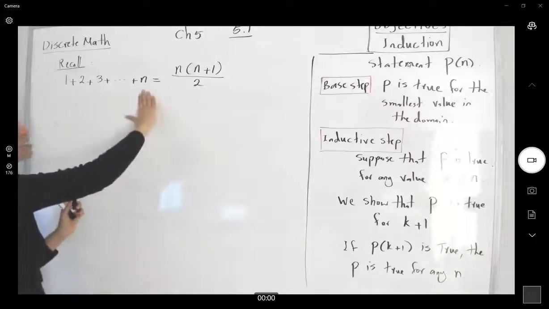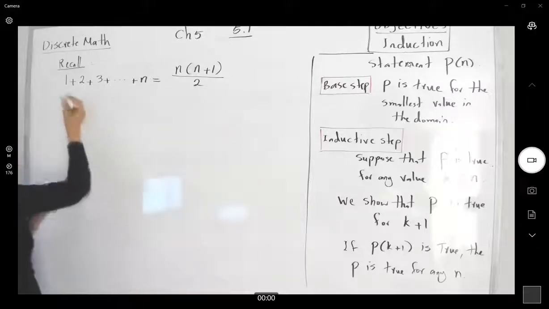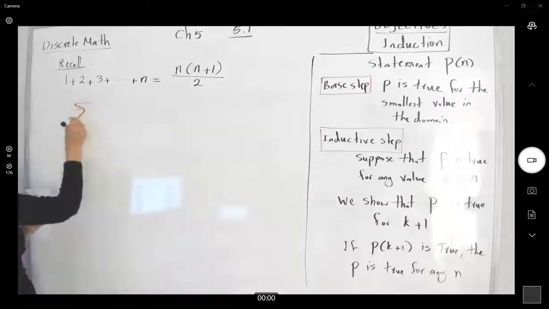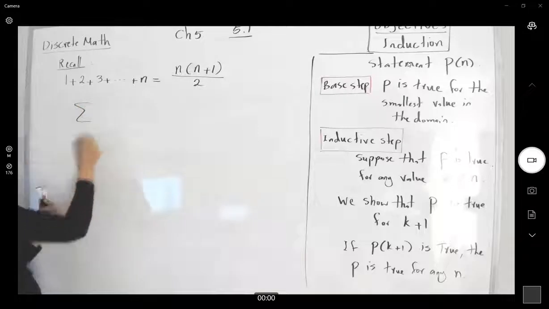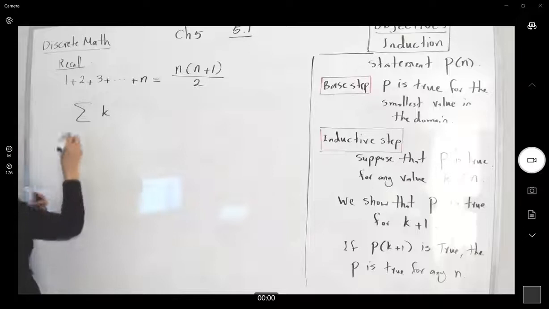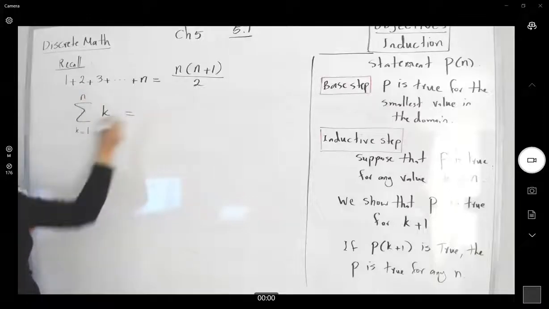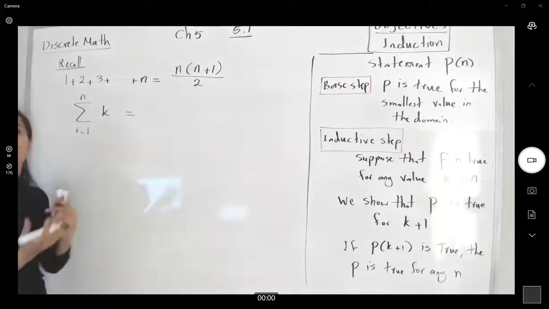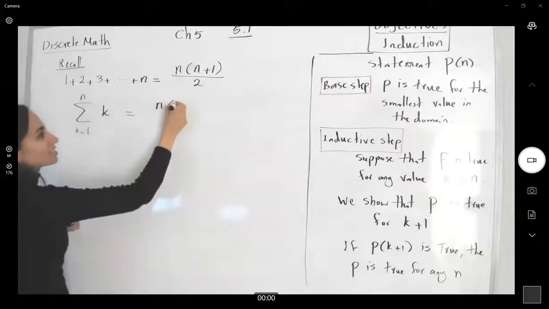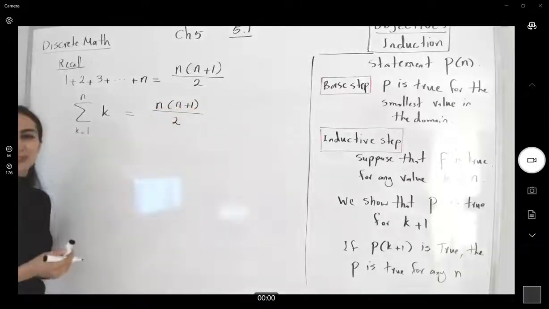So another way to write this sum down is the sum, sigma, of k where k starts from 1 and stops at n, is equal to this formula on the right hand side, n times n plus 1 divided by 2.